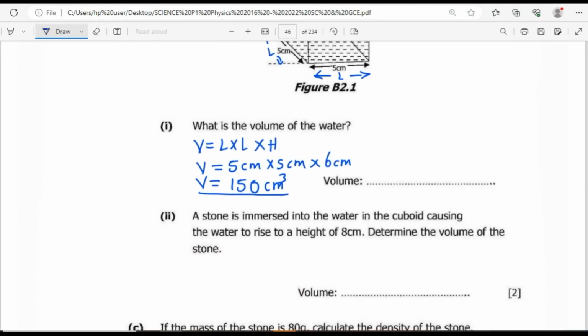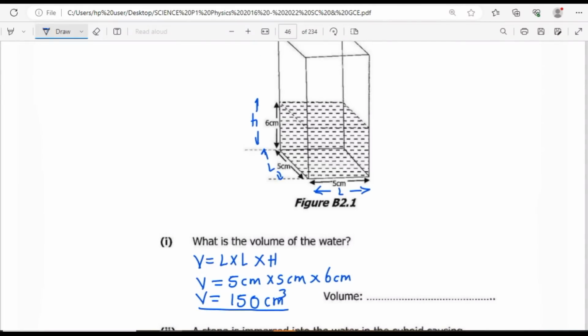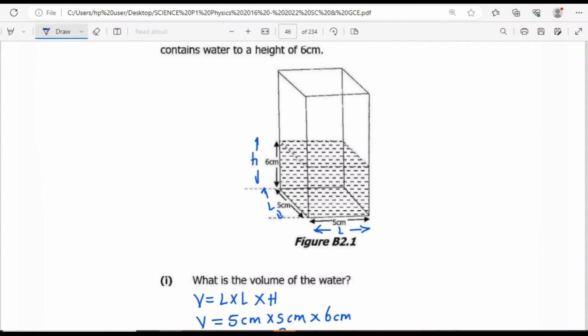Then we have question 2. A stone is immersed into the water in the cuboid, causing the water to rise to a height of 8 centimeters. Determine the volume of the stone. So we know that the shape of a stone is considered to be irregular. So what happens if we immerse the stone in water? We know that the water level will rise to a new height.